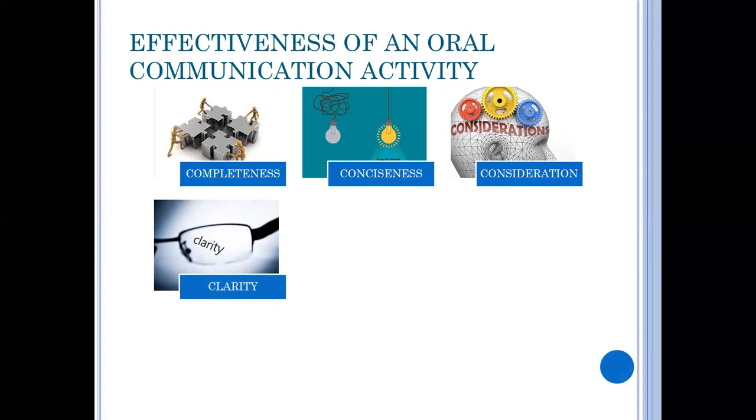So another C for having an effective oral communication activity is clarity, and it implies emphasizing on a specific message or goal at a time. So rather than trying to achieve too much at once, you just want to emphasize only one at a time. So clarity in communication has following features.